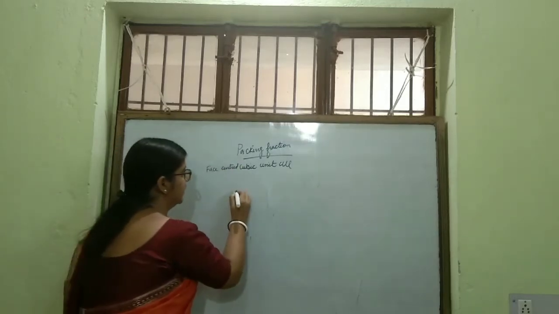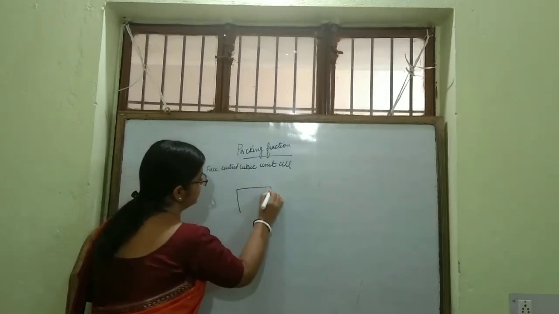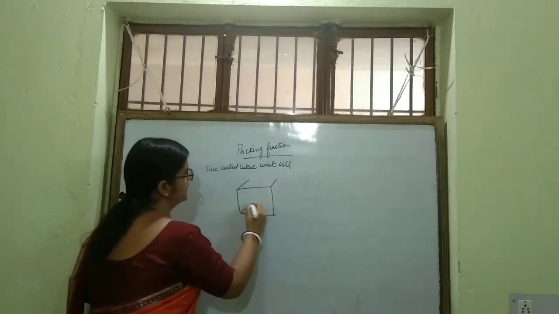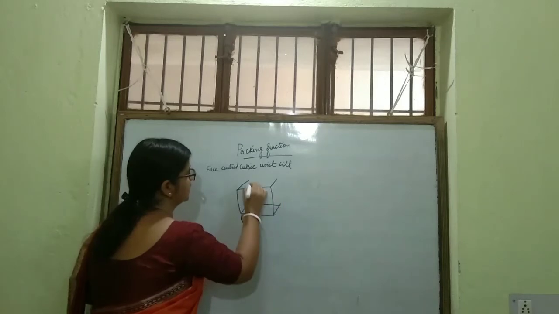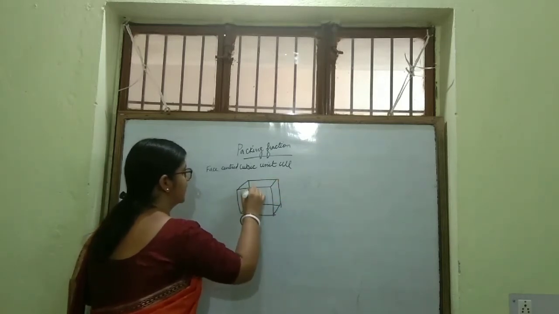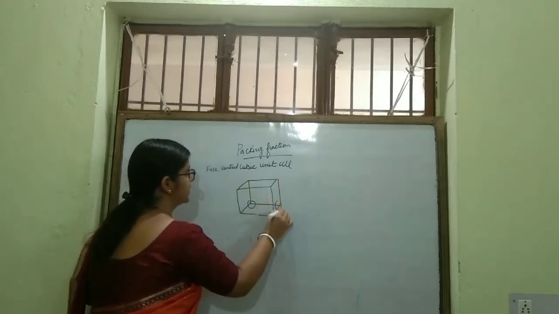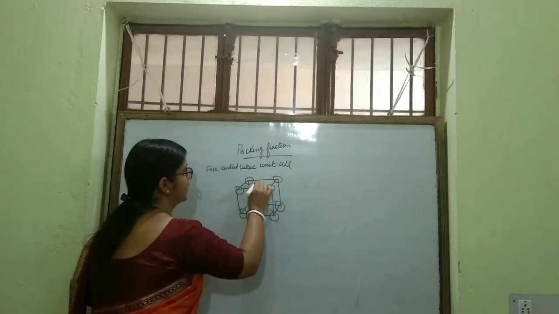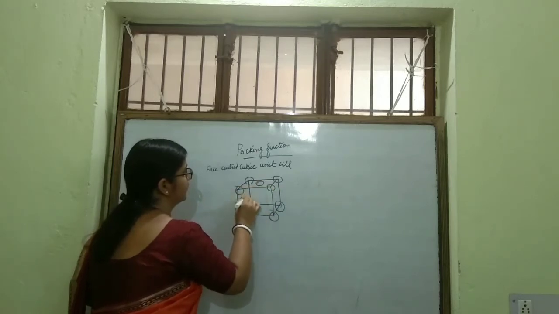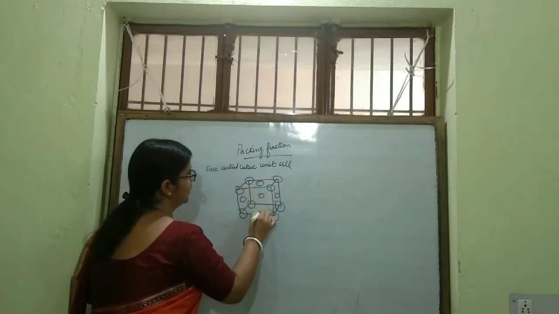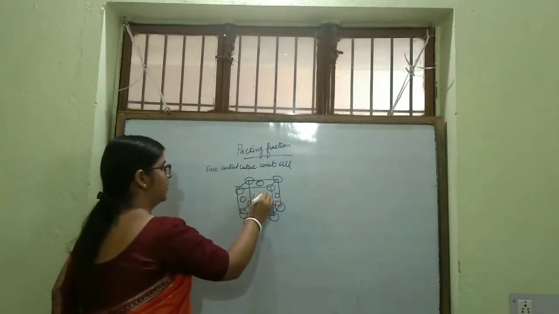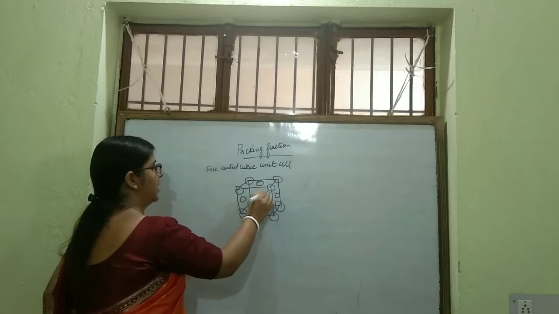We all have studied that in face-centered cubic unit cell, the particles are present at the corners and at the face center. Here again, for opposite face, we will put one particle.